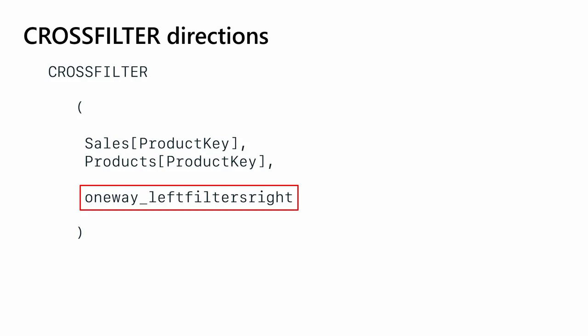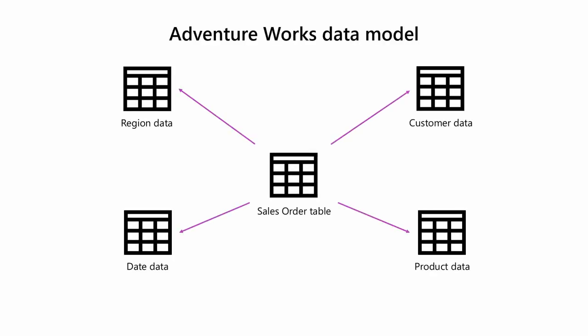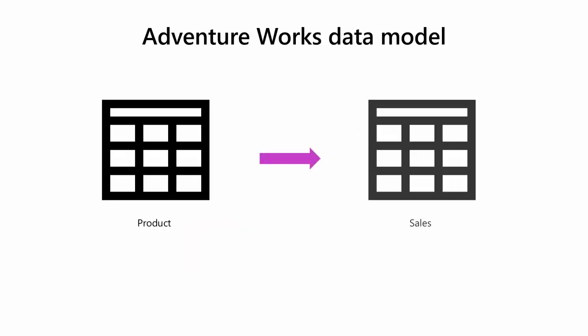Let's review an example of how AdventureWorks can make use of the cross-filter function. In the AdventureWorks data model, the sales fact table is related to the dimension tables via one-to-many relationships and single cross-filter direction. This means that filters propagate from the product table to the sales table, but not in the other direction.